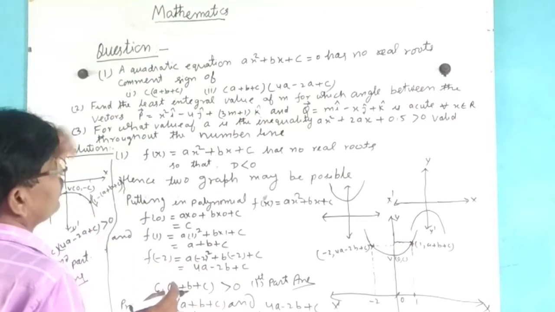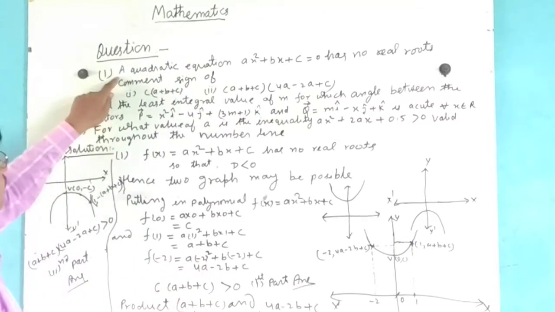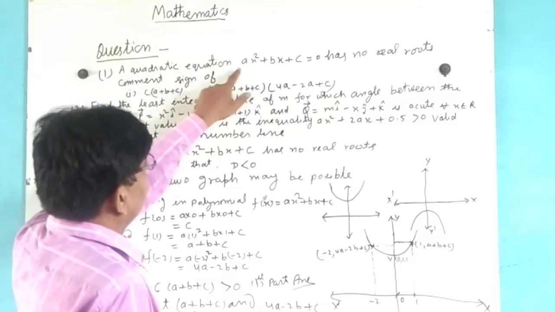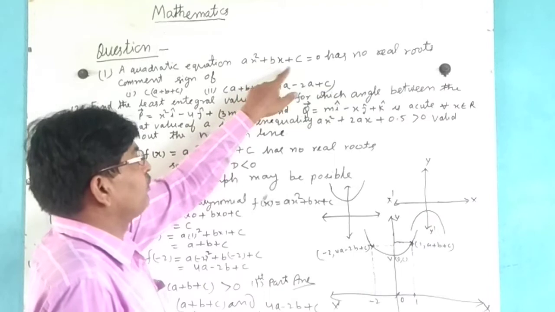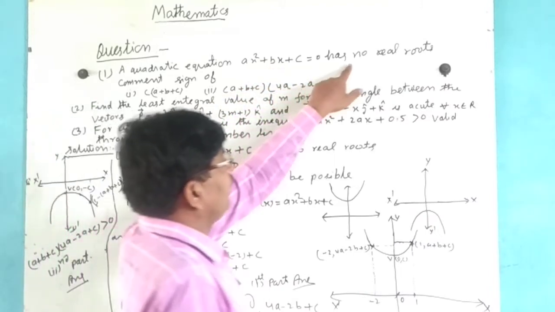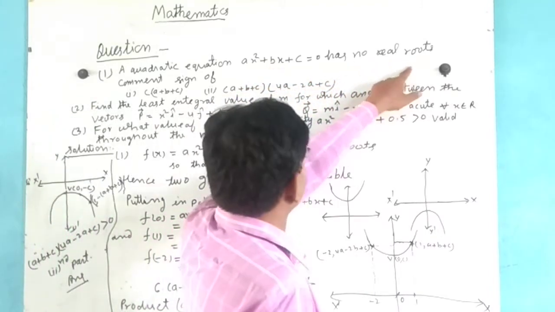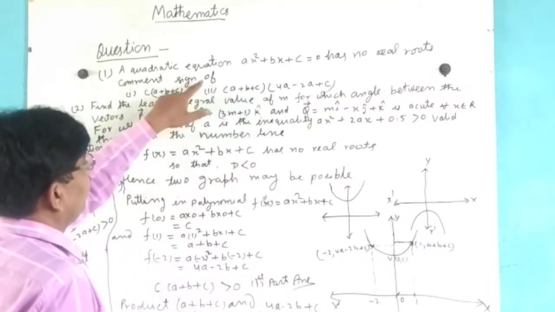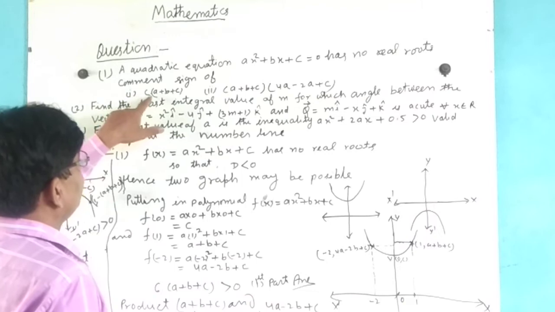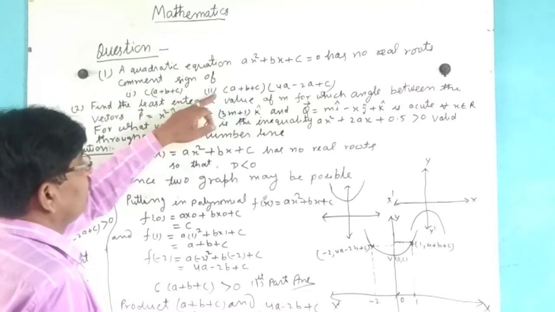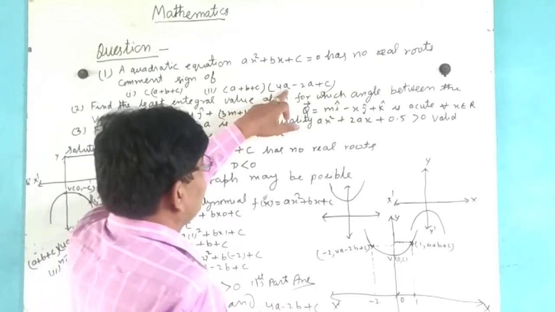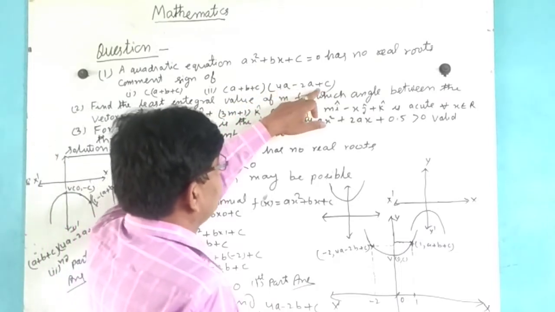Now, first question: a quadratic equation ax² + bx + c = 0 has no real roots. Then comment on the sign of c(a + b + c), and second, (a + b + c)(4a − 2b + c).